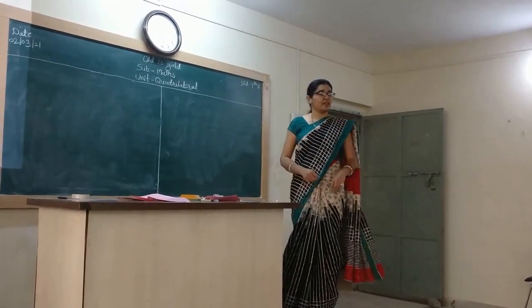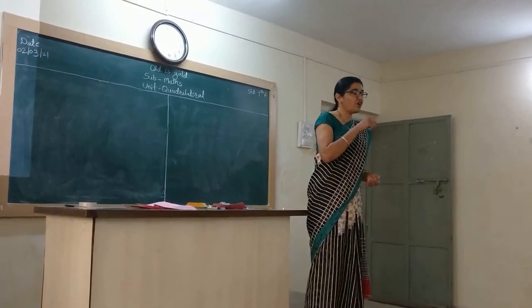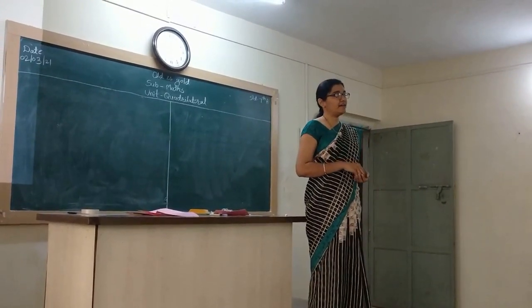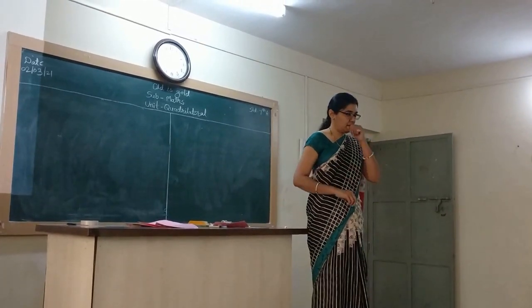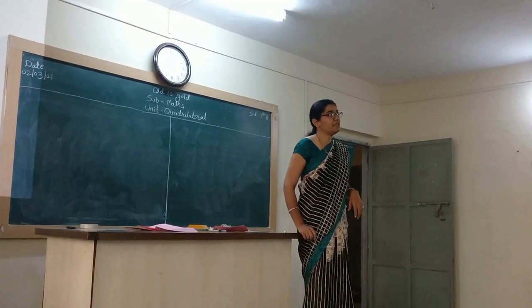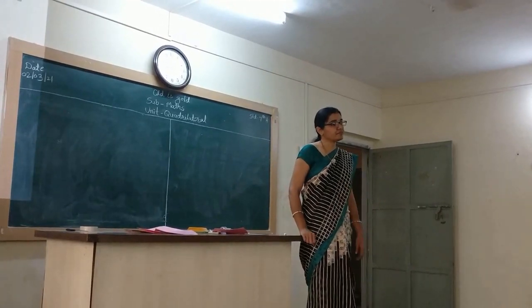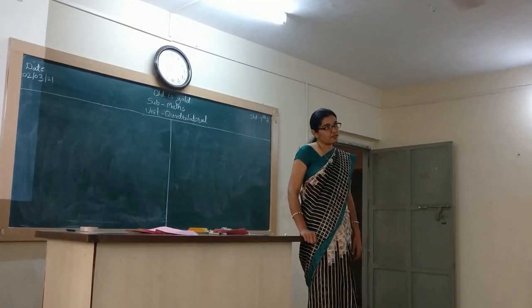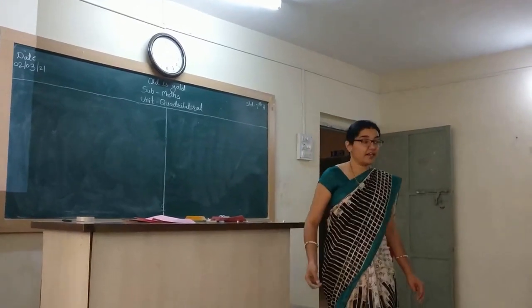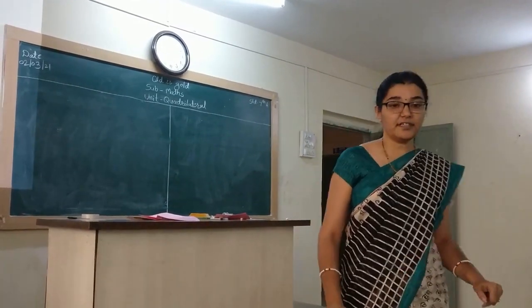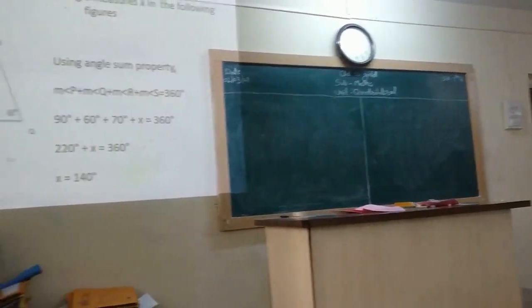If the addition of three angles of quadrilateral is 310, then what will be the measure of the other angle? 50 degree. Okay, very good.